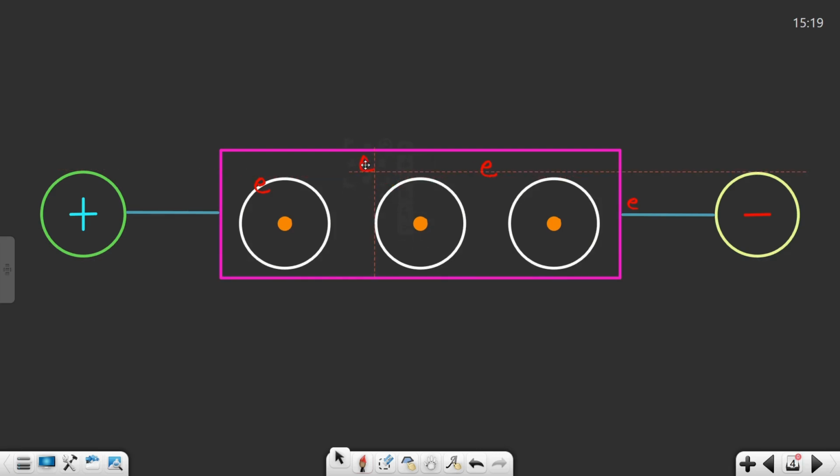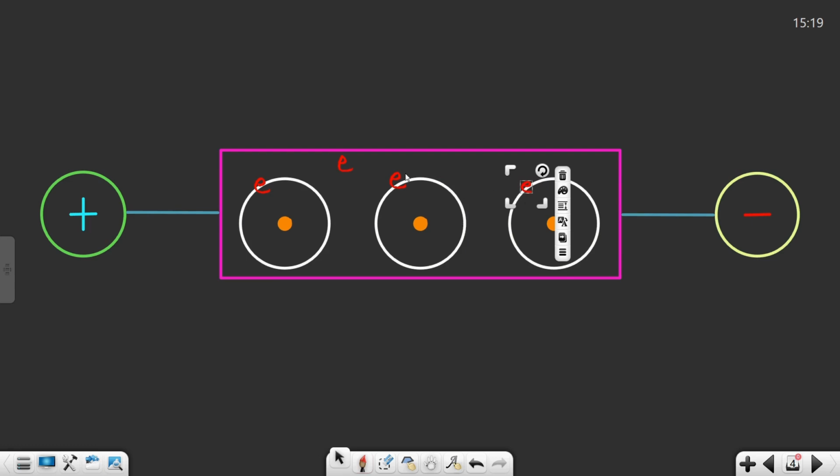I hope you are able to understand this. Now what will happen? The moment this electron comes out, the electron which was extracted from atom 1 will take its place, whereas the electron which is being supplied by this negative charge will come over here and take the place of the electron.